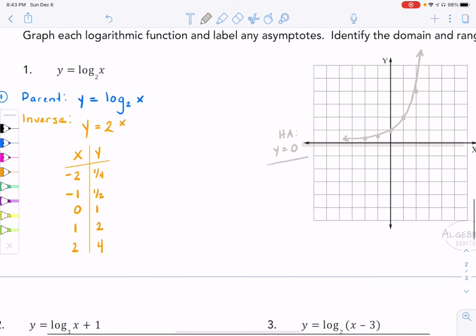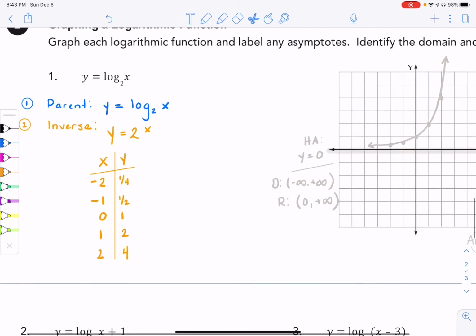If you recall, we also have a few key features. The domain is negative to positive infinity, and the range always corresponds with the horizontal asymptote, which is from 0 to positive infinity. All right, that takes care of step 2.